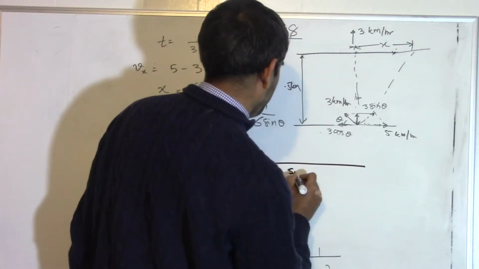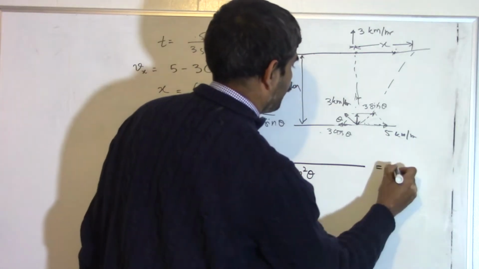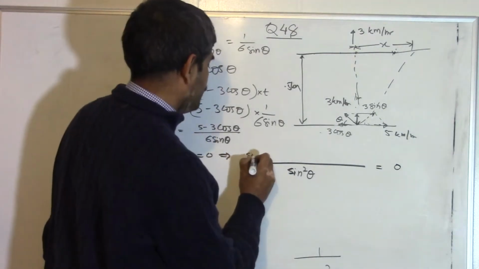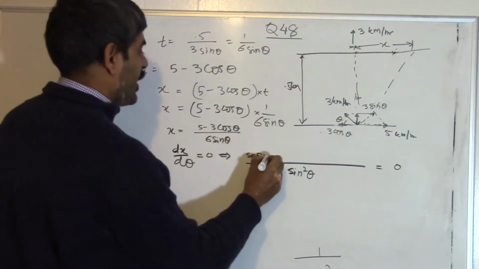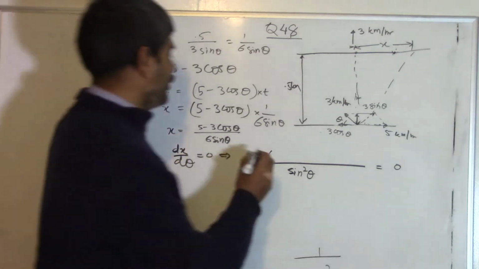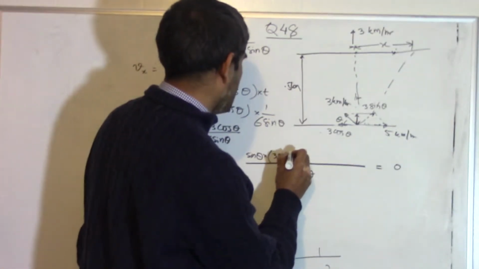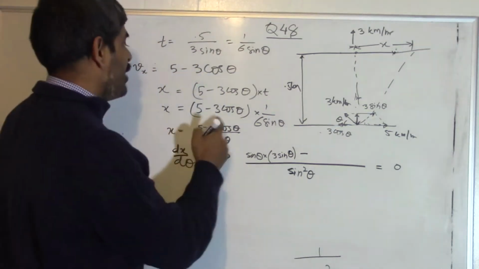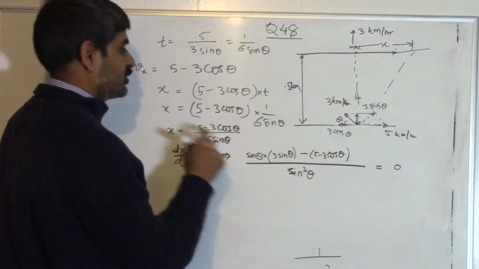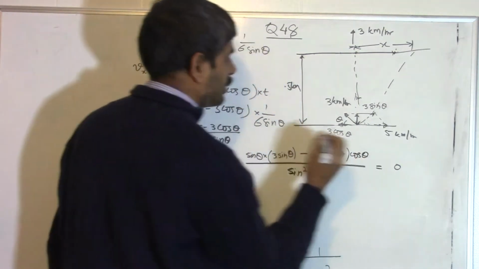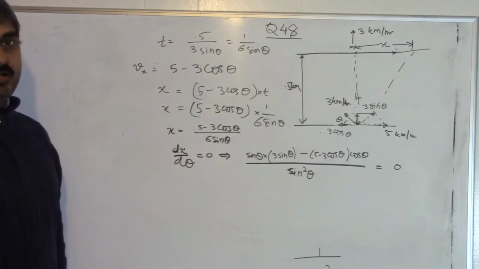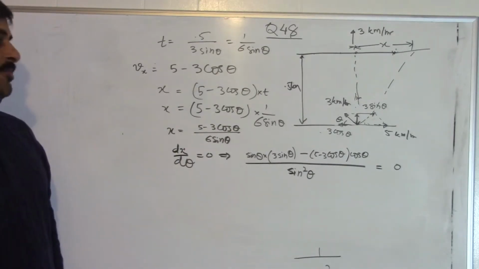To differentiate it, we have sin square theta on the bottom, and on the top side we have sin theta multiplied by the differential coefficient of 5 minus 3 cos theta, which is 3 sin theta, minus (5 minus 3 cos theta) multiplied by the differential coefficient of sin theta, which is cos theta. This condition must be satisfied for this drift x to be minimum or maximum.